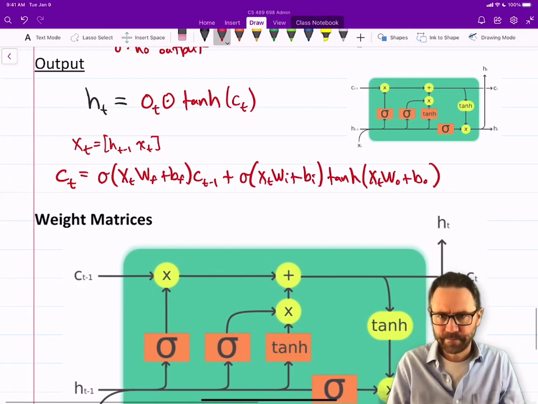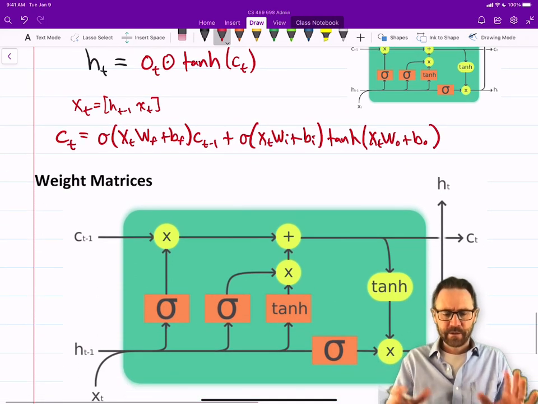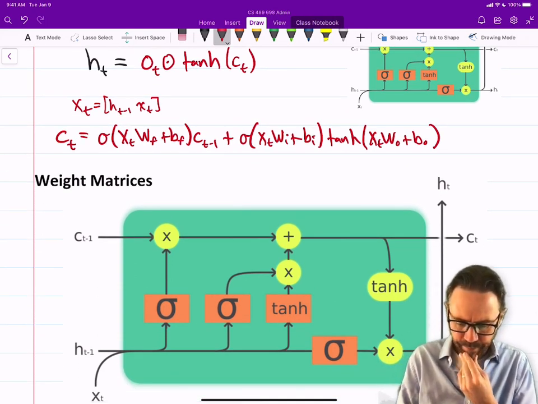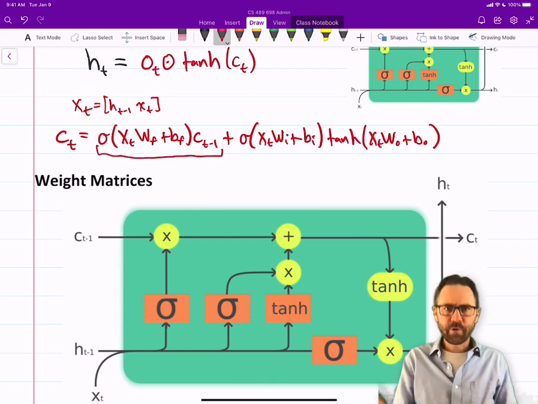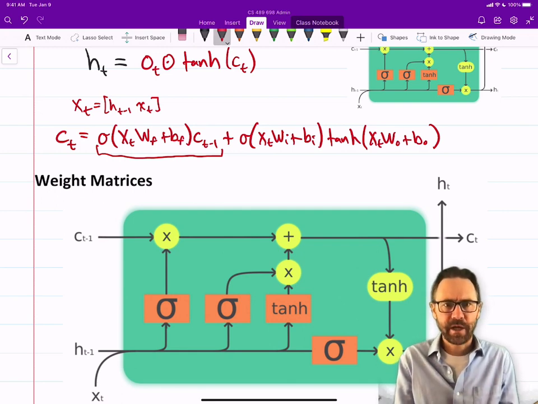Okay. So we'll come back to that later, but in particular in reference to this term here. So going from one step to the next, our internal state really just gets multiplied by the state of the forget gate.